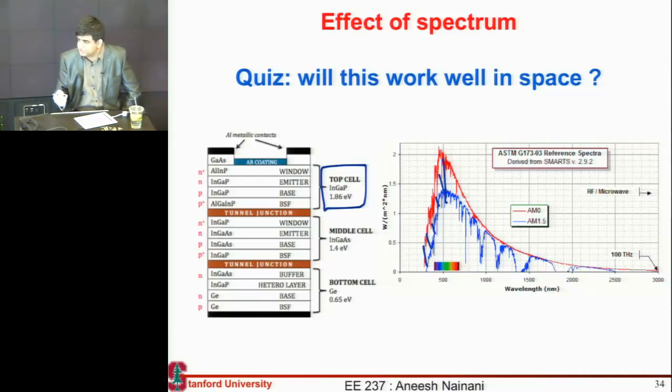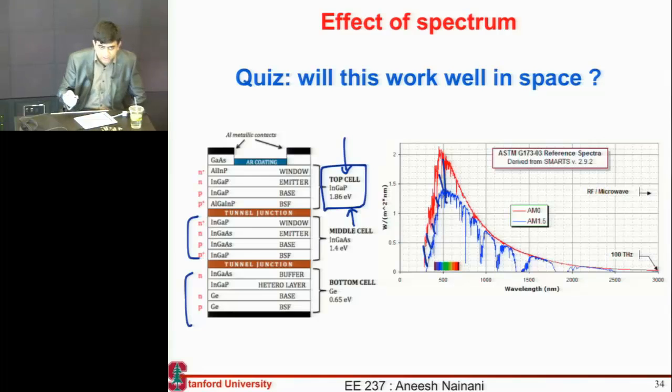There are too many of these high energy photons available. So what people do is essentially they'll have to reduce the thickness of this top cell such that it current matches with these bottom cells, because now suddenly the spectrum is different, right? So the current density which I had matched for these 3 layers now is no longer matched, right?